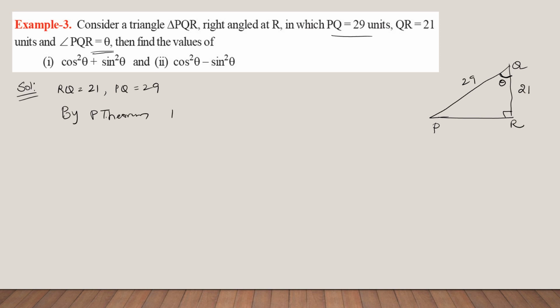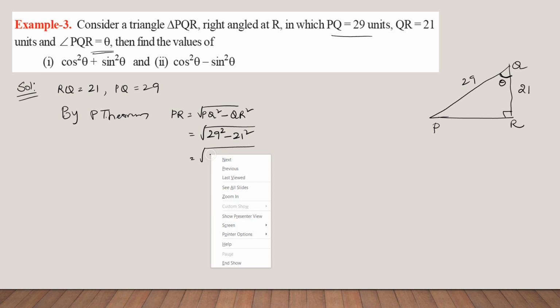PR is equal to the square root of hypotenuse square minus side square, that is PQ square minus QR square. So 29 square minus 21 square. What is 29 square?